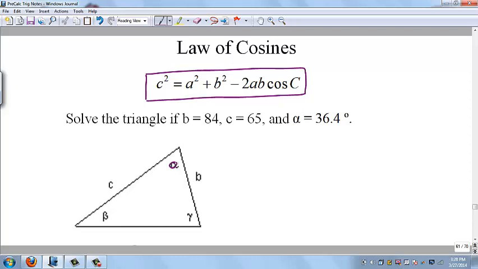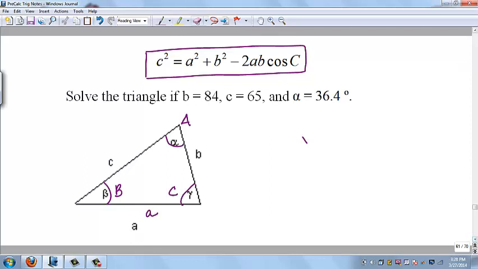So we'll label this angle with a capital A, a capital B, and a capital C. And across you'll see a lowercase a, and then a lowercase b and a lowercase c. We'll do it that way to keep everything the same.